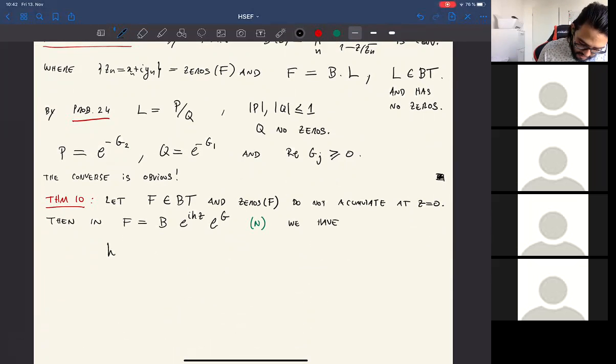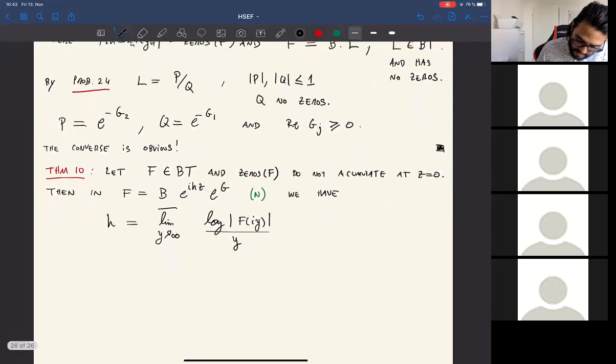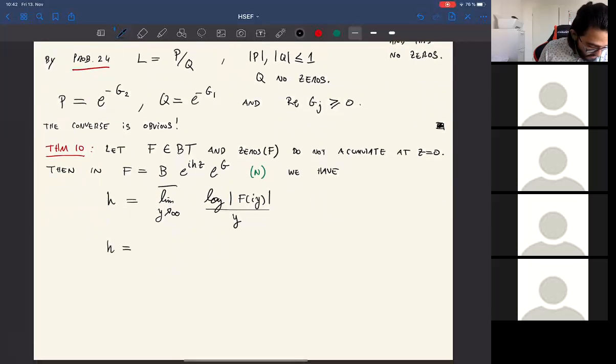We have two formulas for h. h is the limsup when y goes to infinity of log of the modulus of f divided by y, but h is also 2 over pi times the lim when r goes to infinity of 1 over r times the integral from 0 to pi.